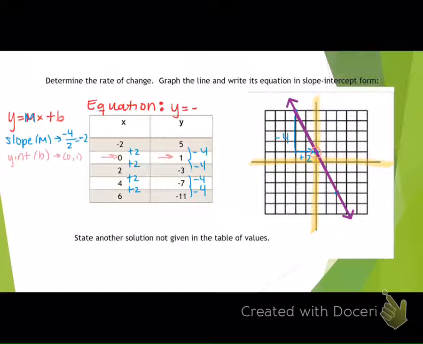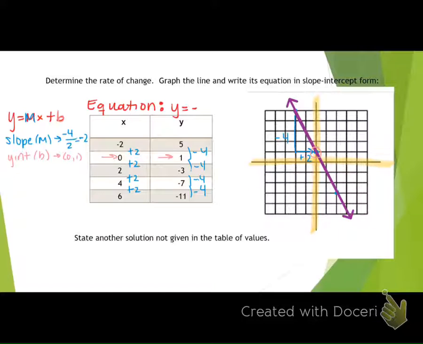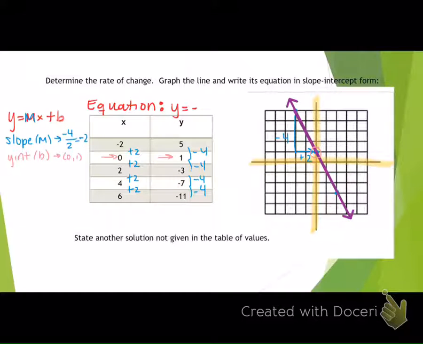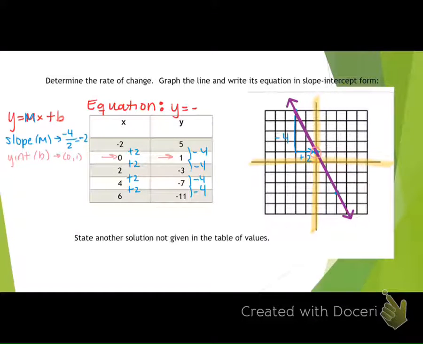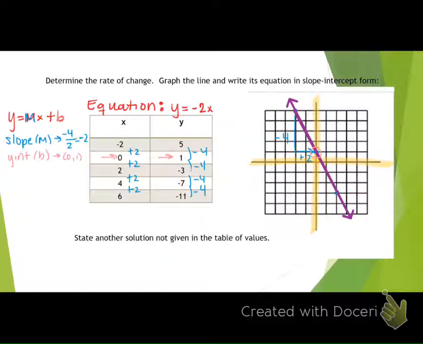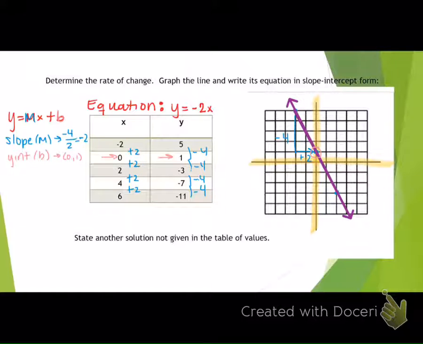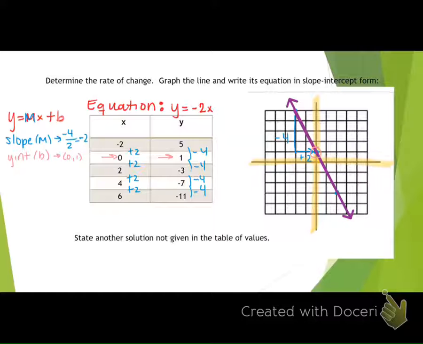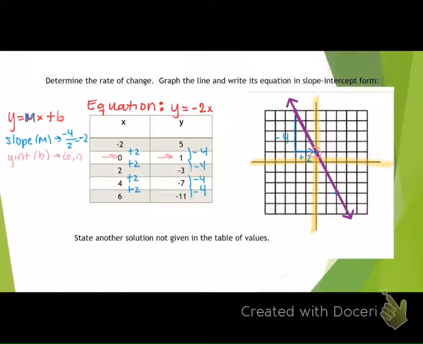You see we went down 4, right 2. Negative 4 over 2 is negative 2. Plus what? What's your y-intercept? Where's your y-axis at? I write everything over here. Just look at the board. What does the y-intercept say? 1. Are you confused on how to write the equation?